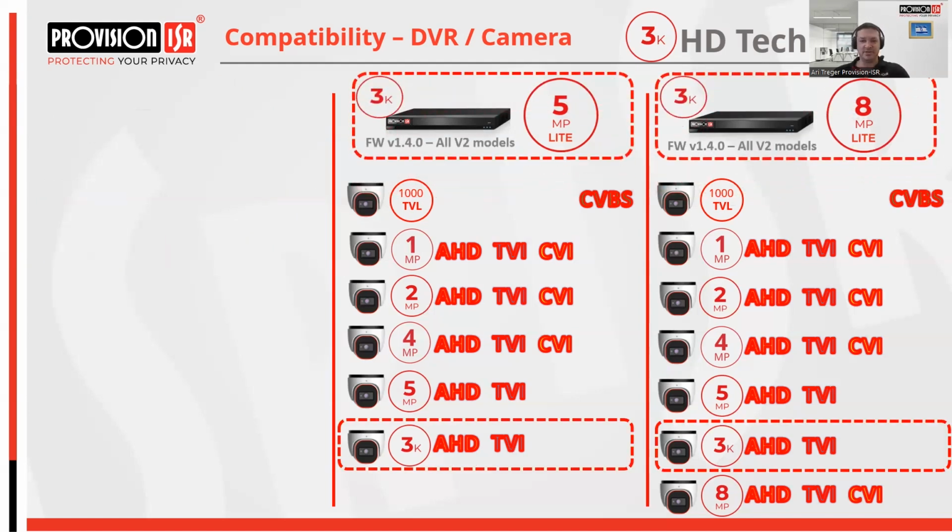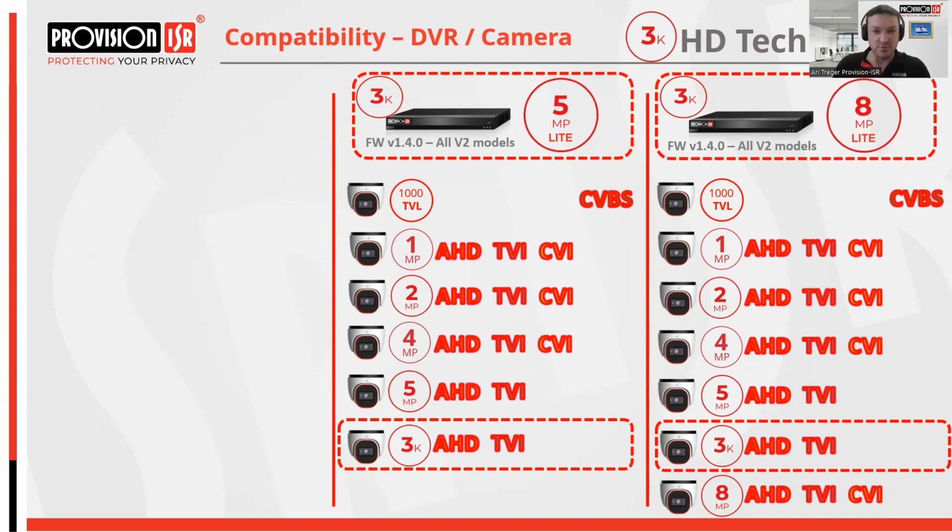Let's turn our attention to DVR compatible models. As of September 2024, all our 5L and 8L, so basically all our 5 megapixel and 8 megapixel V2 DVR models support firmware version 1.4.0, which supports the 3K resolution.